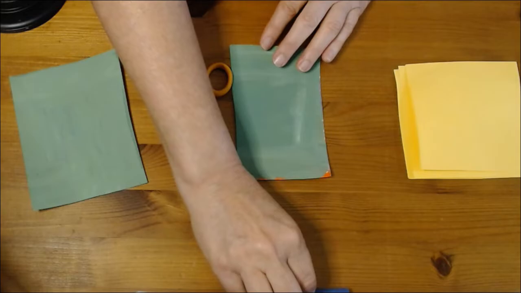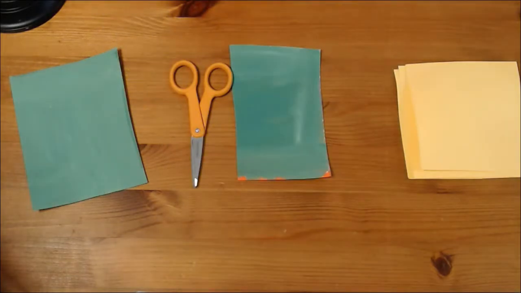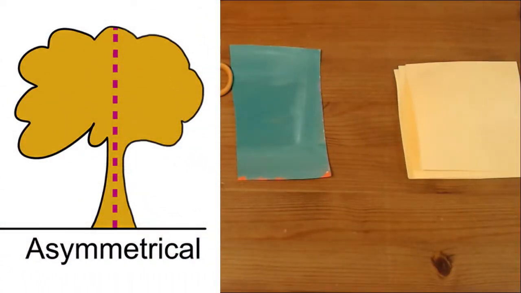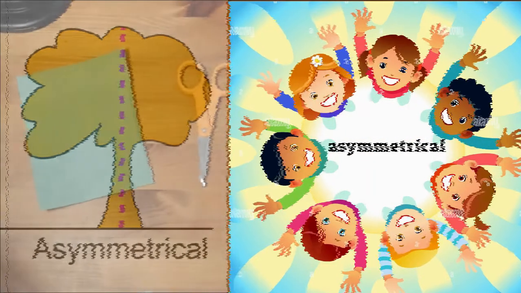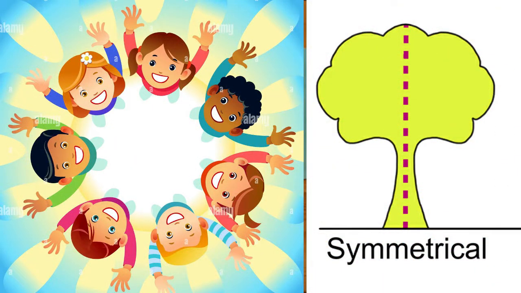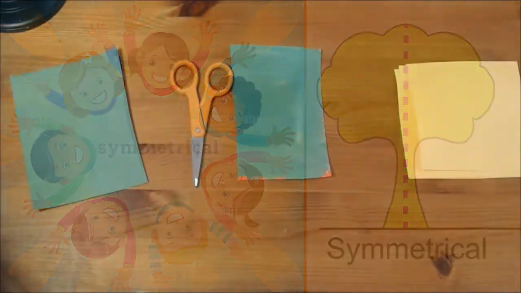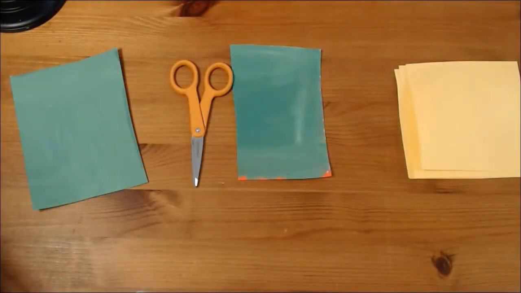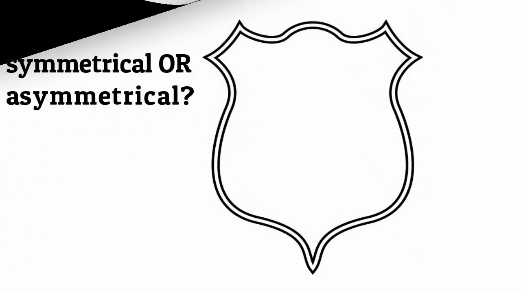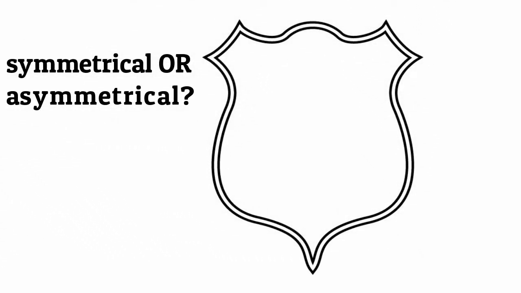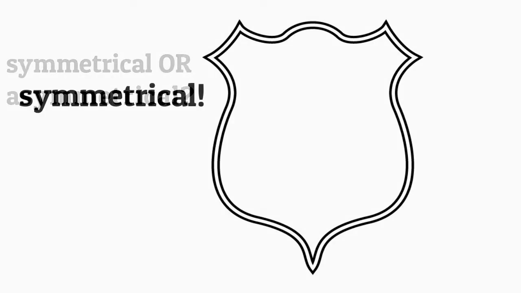Let's look at some shapes, and if something is asymmetrical, I want you to say asymmetrical. And if something is symmetrical, I want you to say symmetrical. But whatever your choice is, just say it one time after each shape. All right, let's begin. That's right, symmetrical. Good thinking, symmetrical.